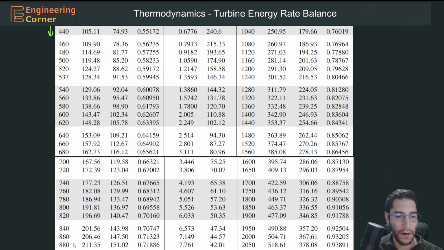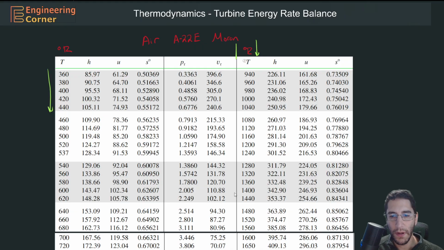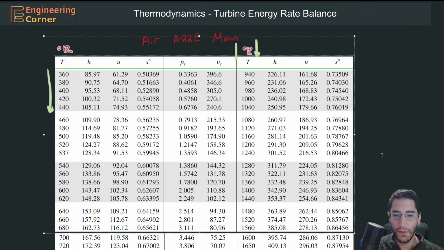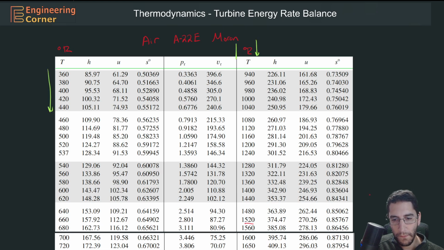So 920, 940, all the way to 1,560. And our enthalpy right there is 385.08. Our units are going to be, I didn't write these down, BTU per pound.